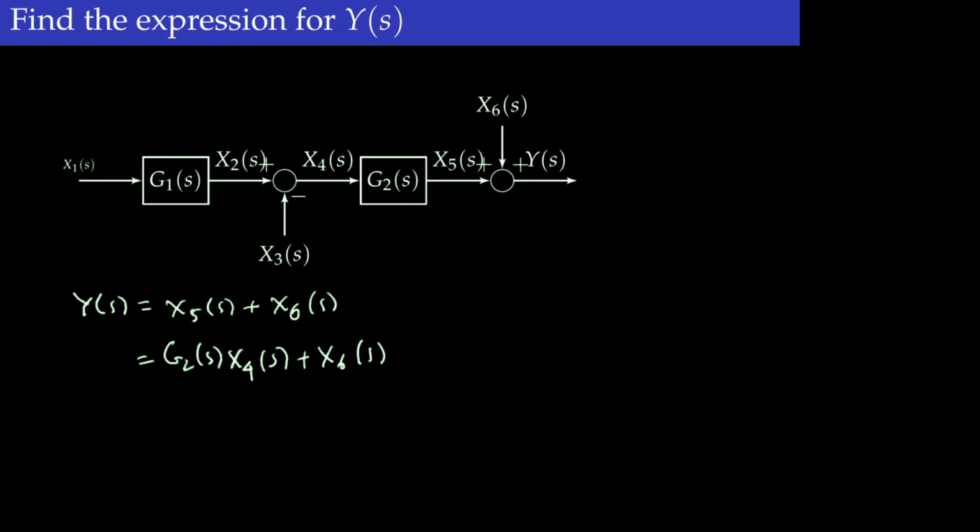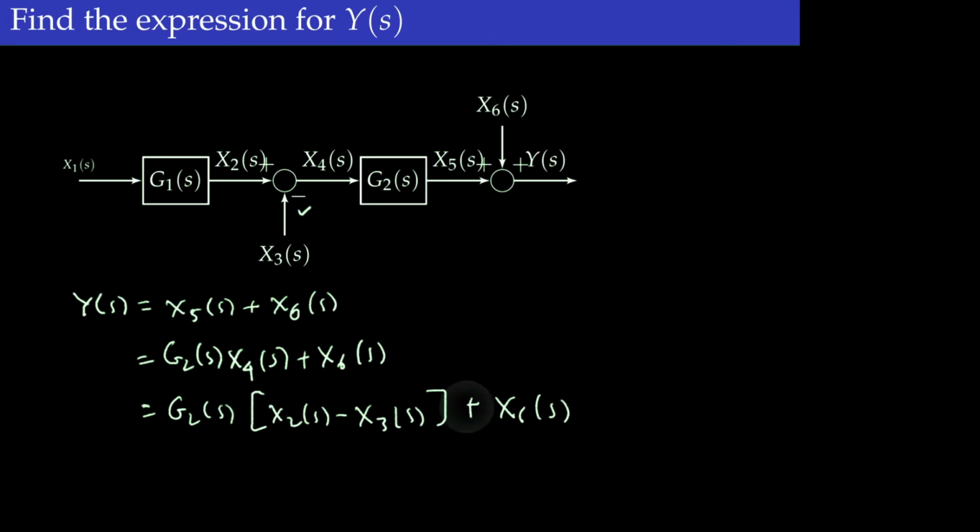x4 is nothing but x2. Here you see that this sign is negative, so x2 minus x3. So we'll write g2s times x2s minus x3s plus x6s. Now we see here x2 is now g1 x1.